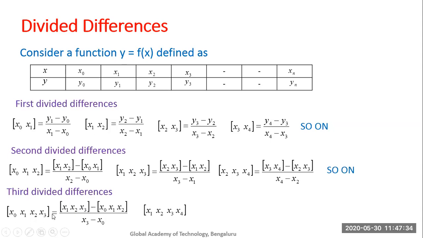Similarly, the next third divided difference is x1, x2, x3, x4. So take the difference of these two, divided by x4 minus x1, the difference of these two endpoints, and so on. So these are called third divided differences. Using third divided differences, you can obtain fourth divided differences and so on.